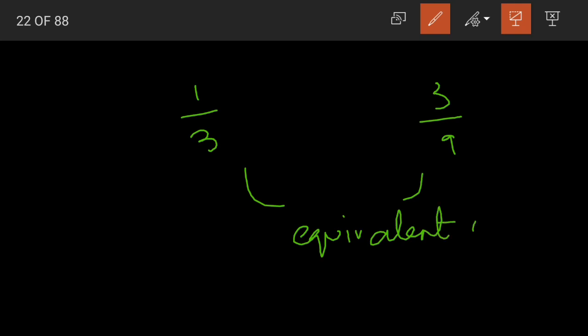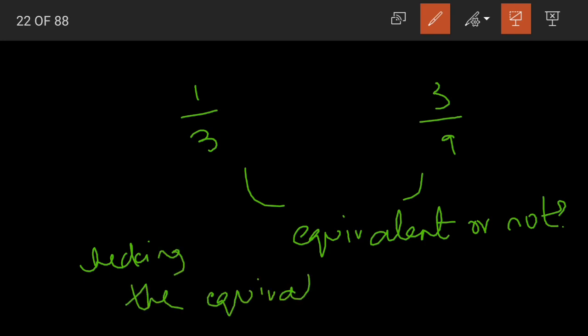Suppose I have two fractions, say 1 by 3 and 3 by 9, and I want to find out whether these two are equivalent or not. This is also called checking the equivalency, checking whether the given pair of fractions are equivalent or not.